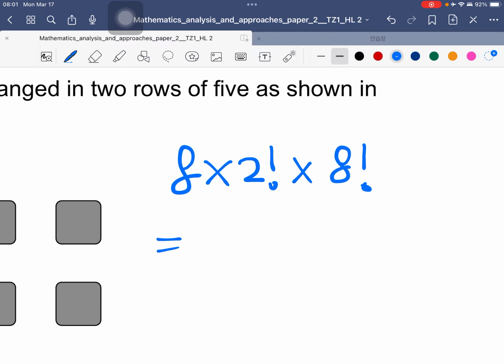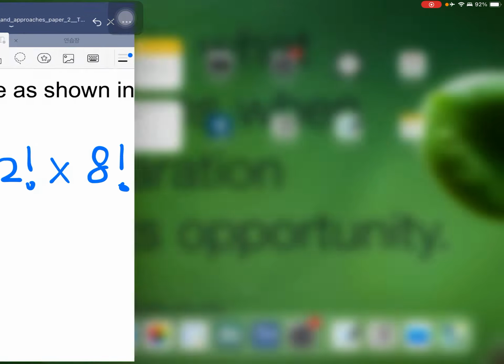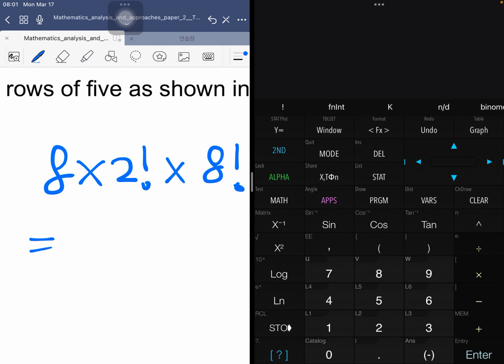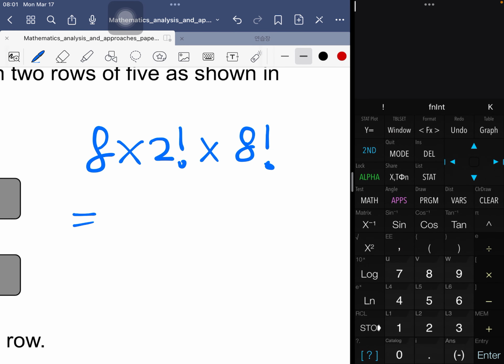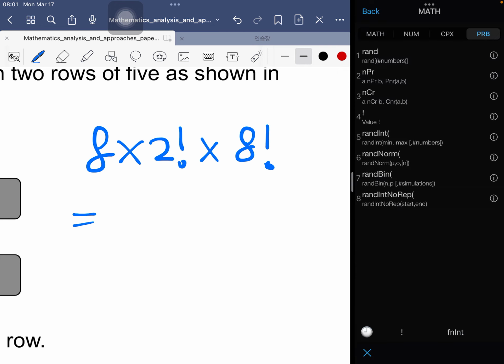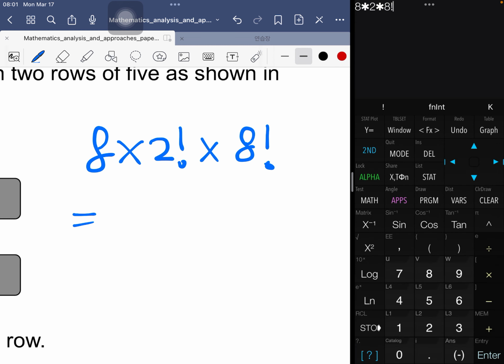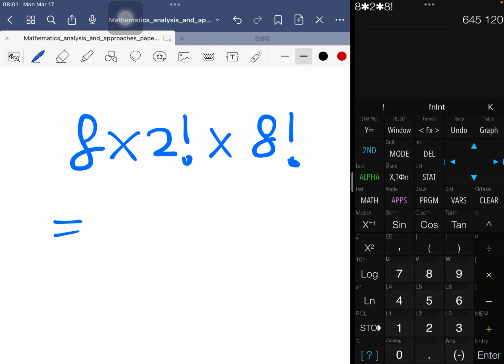Calculating this number will give us the first answer. 8 times 2 factorial times 8 factorial, go to the calculator. So 645,120 cases.